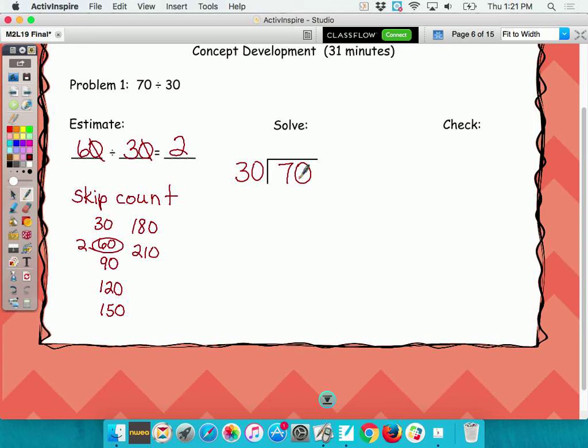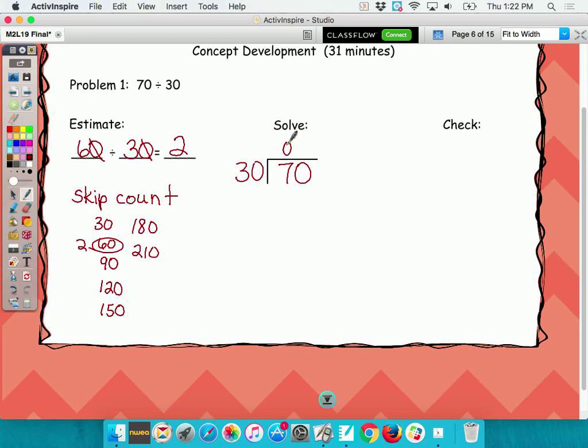All right. So what was my starting point, boys and girls? 2. I've got it in 2 places. So I'm going to put a 2 at the top. Here's what we have to talk about. Where am I going to write the 2? This is a question I asked myself. Will 30 fit into 7? No. Put a 0 up there. Can I make 30 groups out of the number 7?